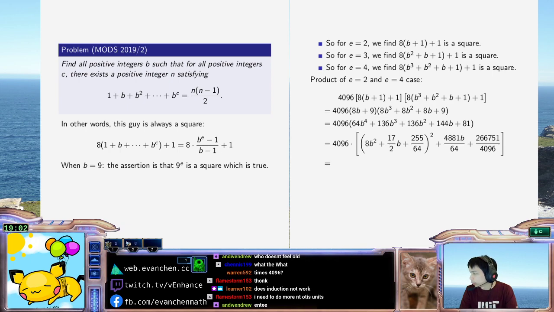And so this is equal to (512b^2 plus 544b plus 255) all squared, and then plus the error, so 64 times 4881 is 312,384, I hope. Someone check my arithmetic on that.